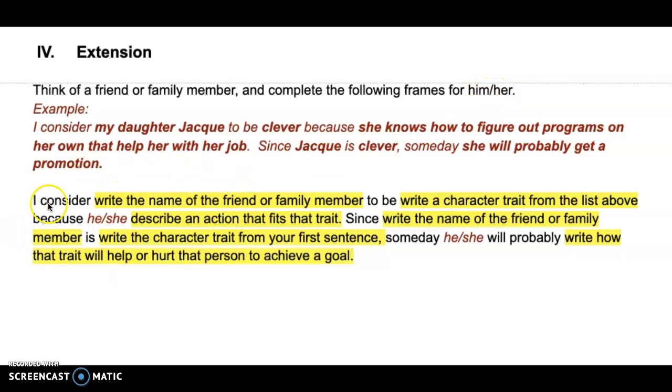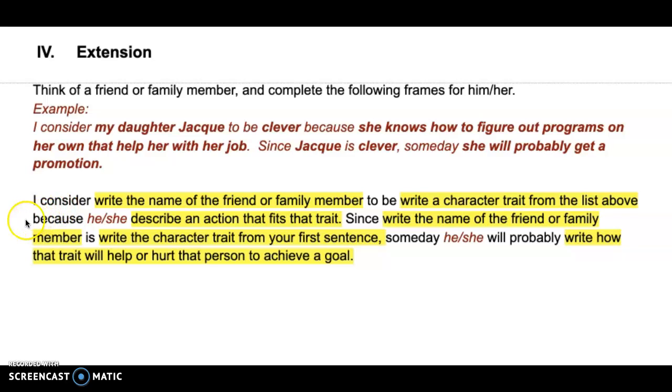So here is the frame down here, and I'll read the frame and then we'll go over the example. I consider, and this is where you'll write the name of the friend or family member, to be, and then you're going to write a character trait from the list above that fits with that friend or family member.